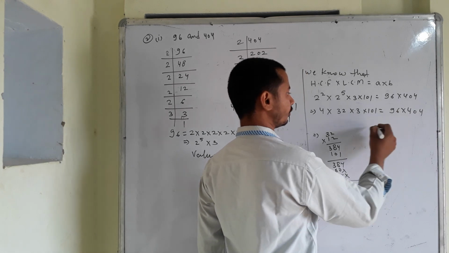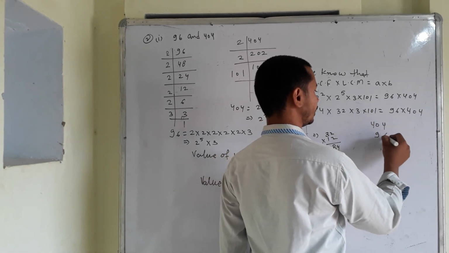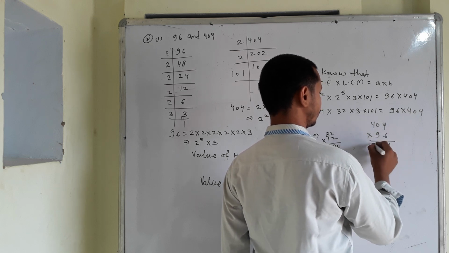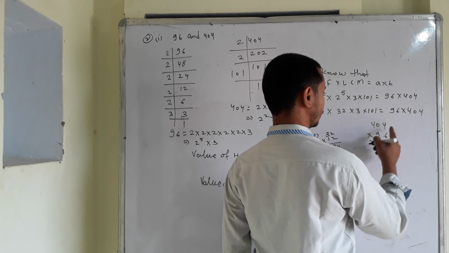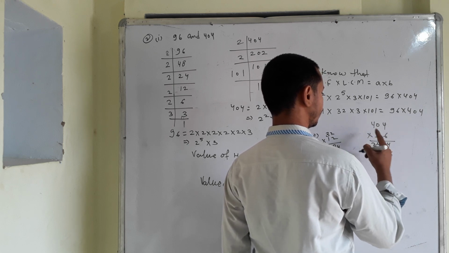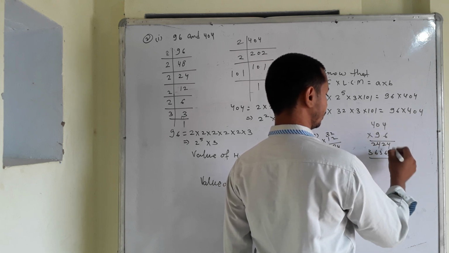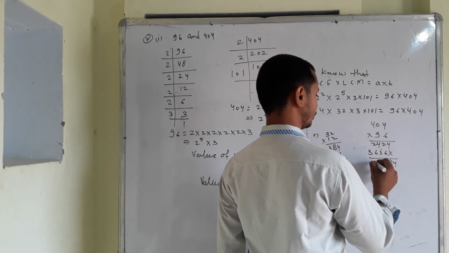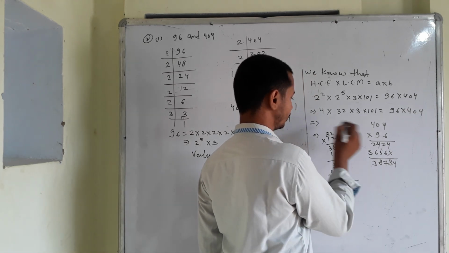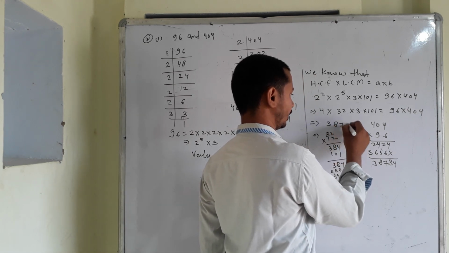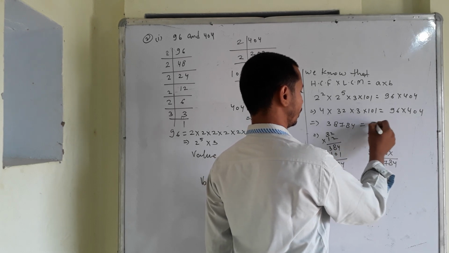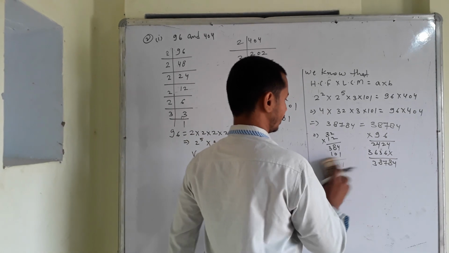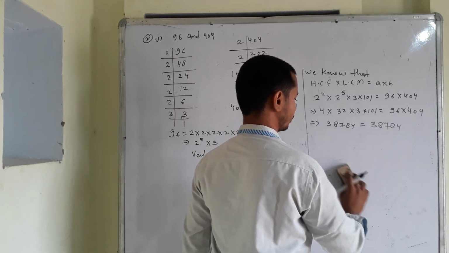And the multiply of 404 and 96: 6 4s are 24, 9 4s are 36, so we find 38784. So we can write 38784 equal to 38784. So LHS equal RHS.